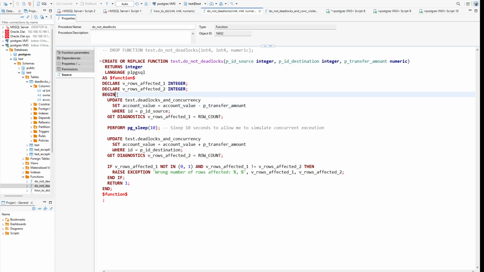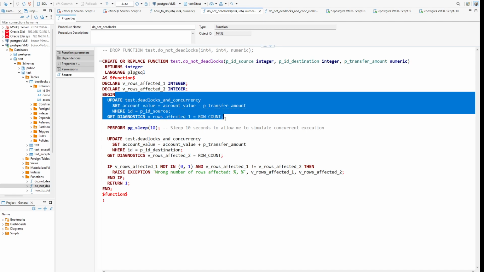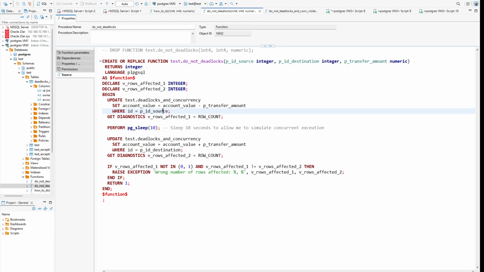What I did in the second example, I split the update into two updates, one for ID source and one for destination. Again, we have the same fetch, the same modify, the same write back in a single statement, but this time we have one statement per ID.